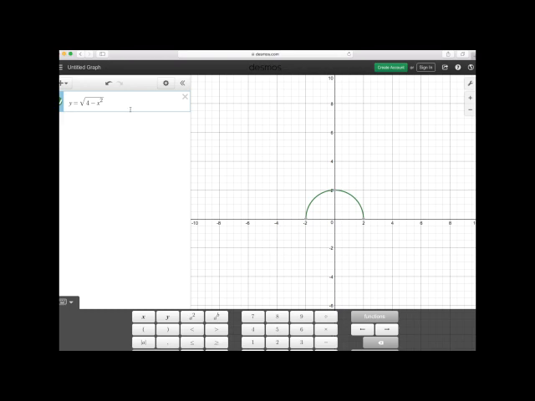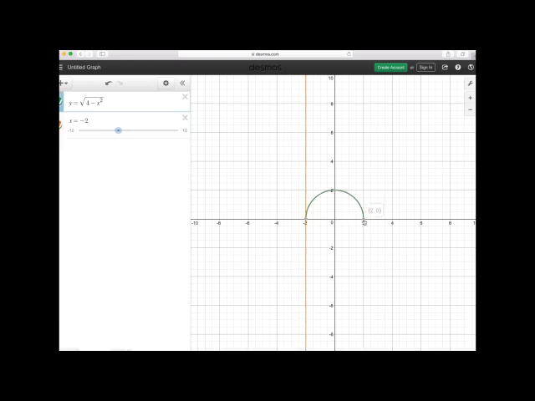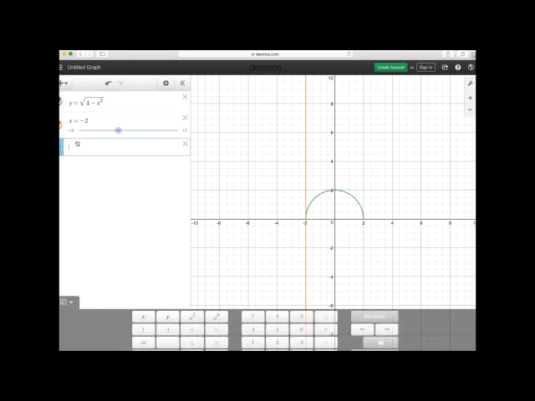And notice right here at (-2, 0), you would have a vertical tangent line, straight up and down. The equation of that vertical tangent line would be x equals negative 2. And there's also a vertical tangent line right here at (2, 0). And the equation of that vertical line would simply be x equals 2.